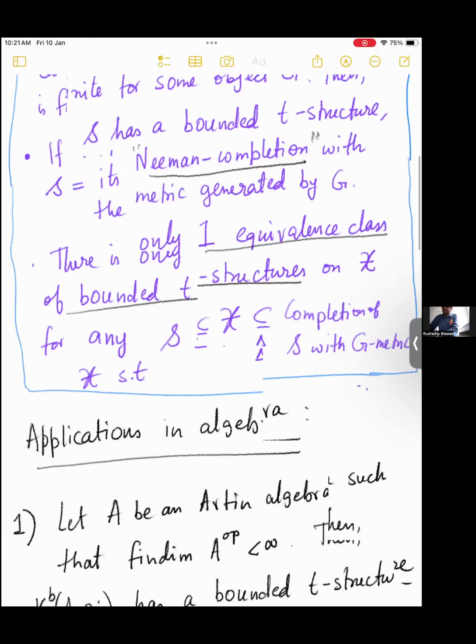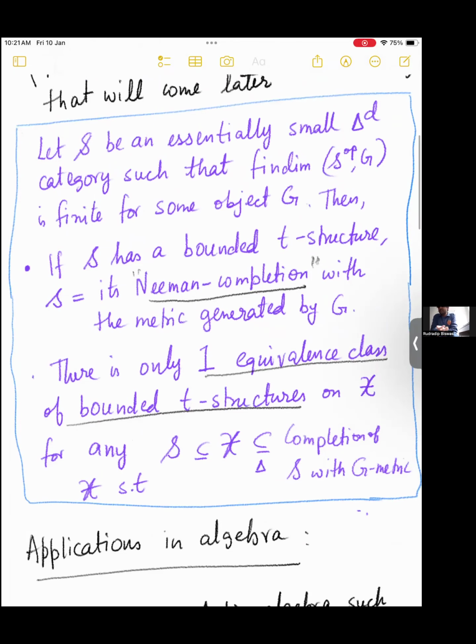So what are the applications of this in algebra? In a sentence, the abstract result says if one has a small triangulated category such that its opposite category has finitistic dimension at a certain object, then if you know that your category has a bounded T structure, that category will have to be equal to its completion computed with the metric generated by that object, number one.